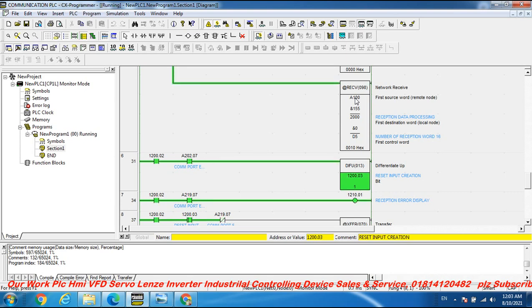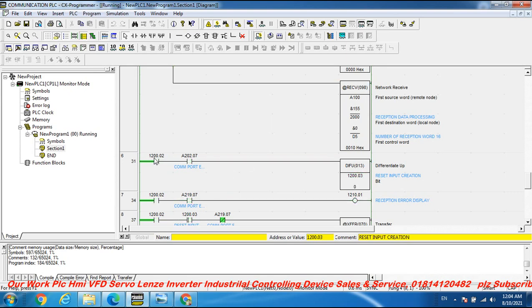A100: a total of 16 words of data beginning from word A100, and at network number 3, node number 32 and unit address 0, and the data is received at word 2000 of the local node.